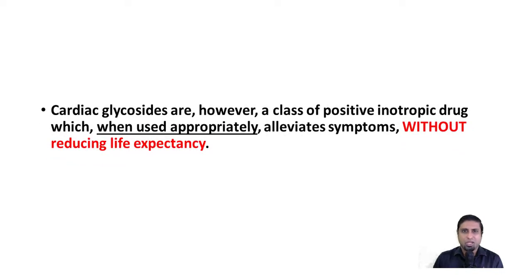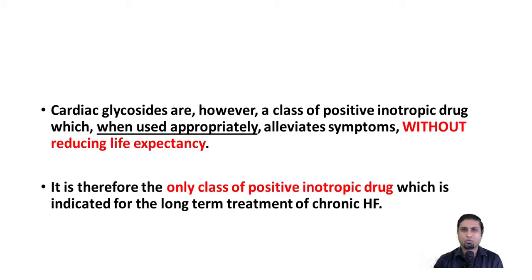Cardiac glycosides are, however, a class of positive inotropic drug which, when used appropriately, alleviates symptoms without reducing life expectancy. It is therefore the only class of positive inotropic drug which is indicated for the long-term treatment of chronic heart failure.